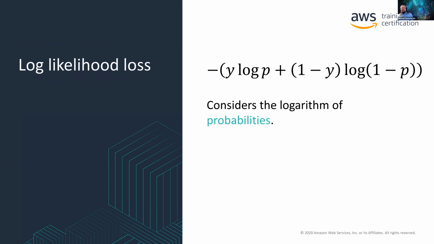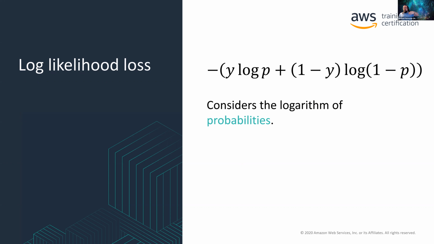Now, a common variation of loss function is log likelihood loss, or LOL, as my crazy team likes to call it. It's also known as cross entropy loss. With this loss, instead of raw predictions for each class, the log of probabilities is considered. For a binary classification, as an example, the formula for log likelihood loss becomes this equation.